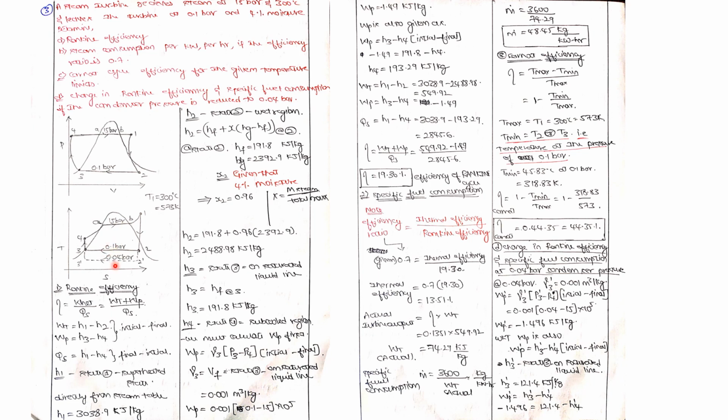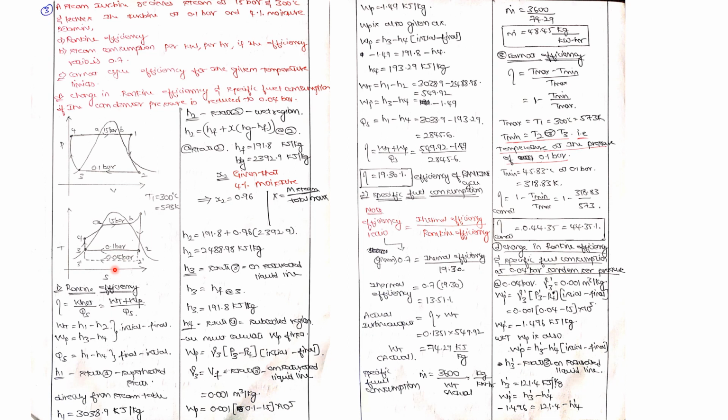How would that affect the Rankine efficiency and the specific fuel consumption? We should calculate once again. It is a repetitive problem. First consider 0.1 bar and do the calculation for Rankine efficiency and specific steam consumption. Then in the second stage, consider 0.04 bar as your condenser pressure, calculate the same thing again, and compare. So it looks lengthy, but it is easy.